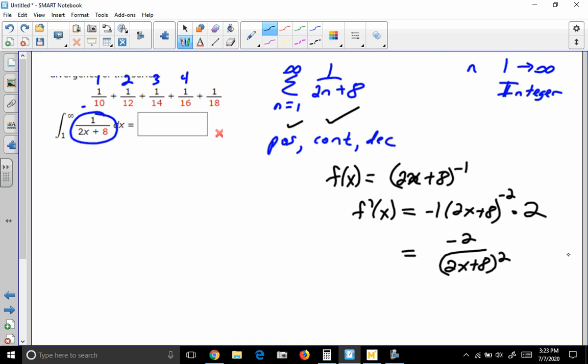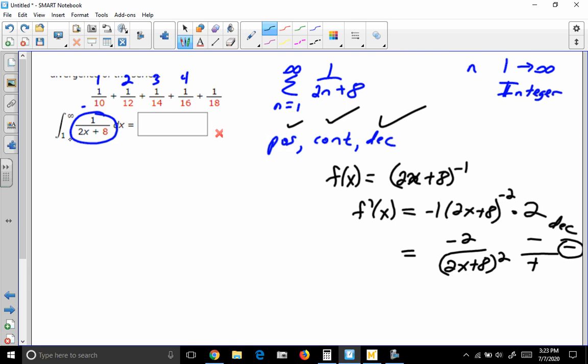That's our derivative. The numerator is always negative. The denominator, since it's squared, is always positive. So that's always going to be negative. Since our first derivative is always negative, it's always decreasing. So we meet our qualifications to do the integral test.